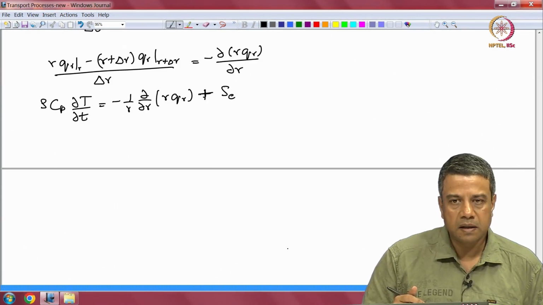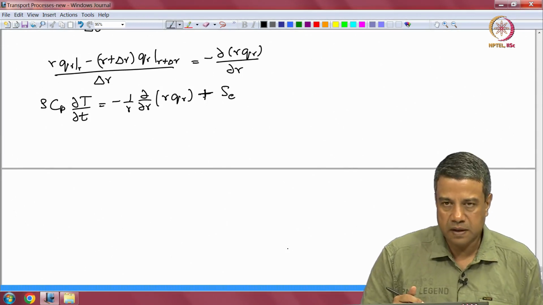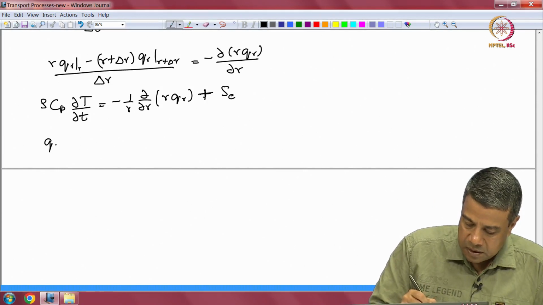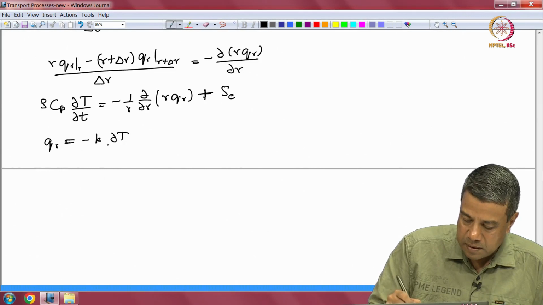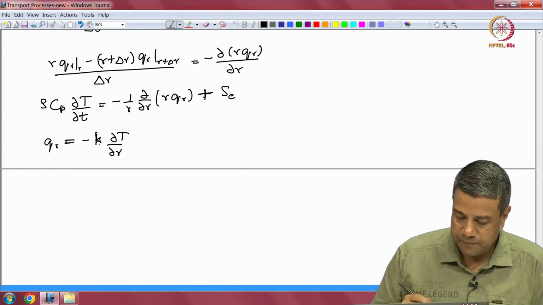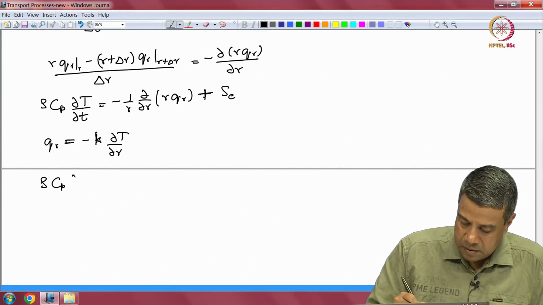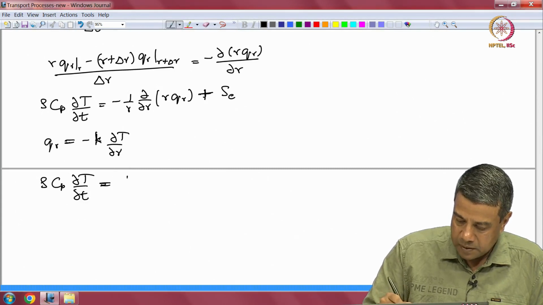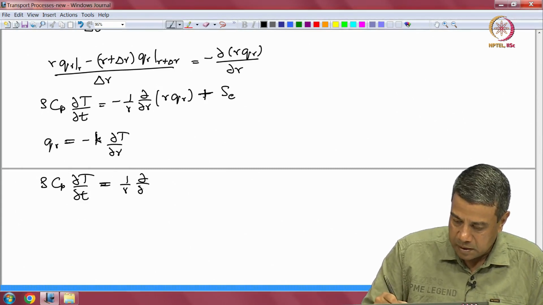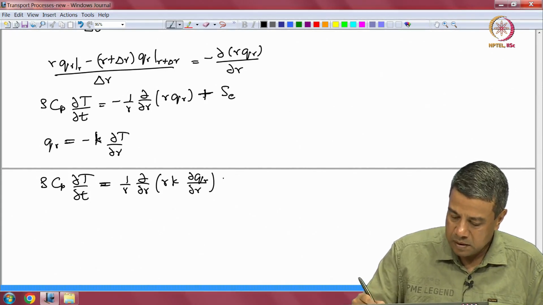And then I can substitute Newton's law, Fourier's law of heat conduction. Q_r is equal to minus k partial T by partial r. Okay. And I will get rho Cp partial T by partial t is equal to 1 by r d by dr of r k partial T by partial r plus S_E.